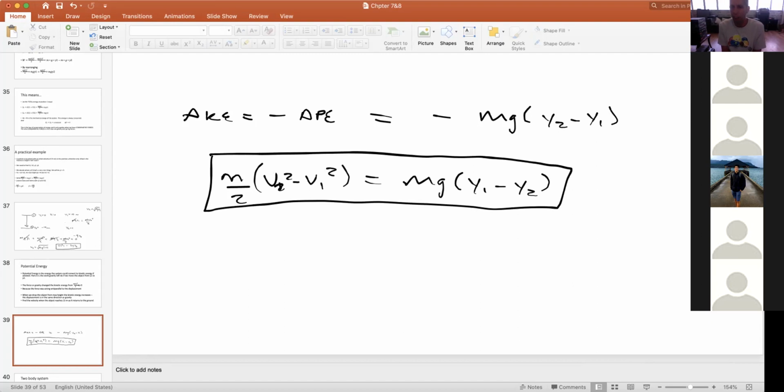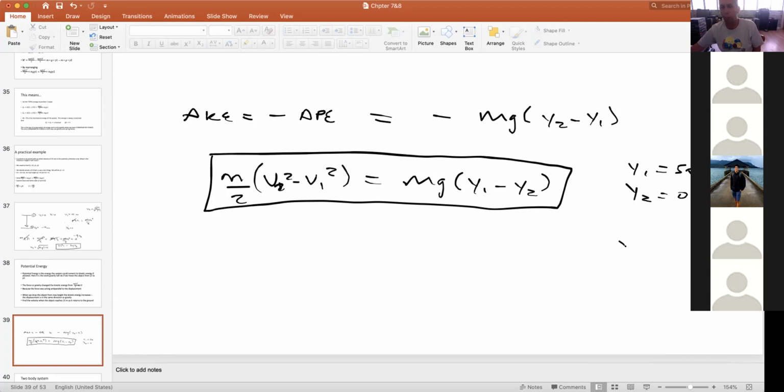Sometimes Wiley will just tell you an object falls 50 meters. If that's all you know, then you need to realize that you can choose whatever coordinates y1 and y2 that you want, as long as you get negative 50. Why negative 50? Because it said it fell 50 meters. So if y2 is 0, then y1 is 50.